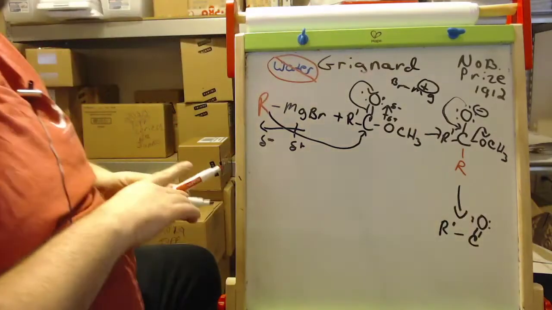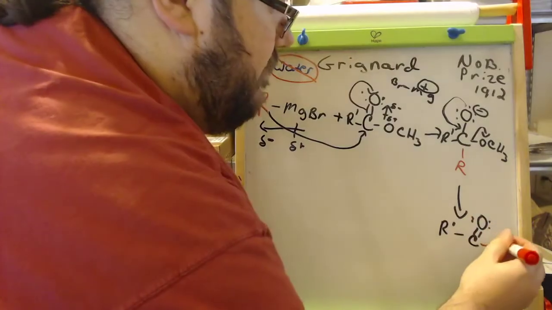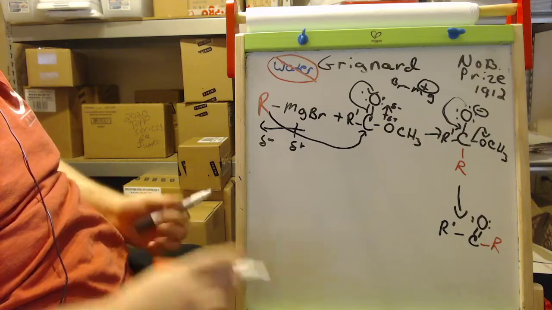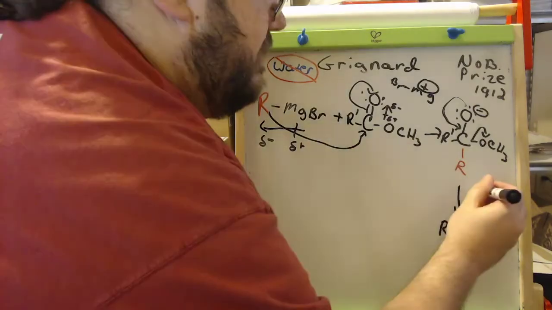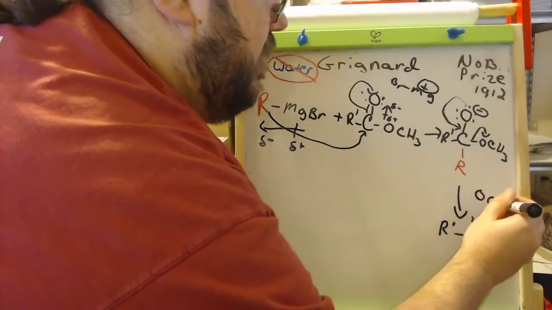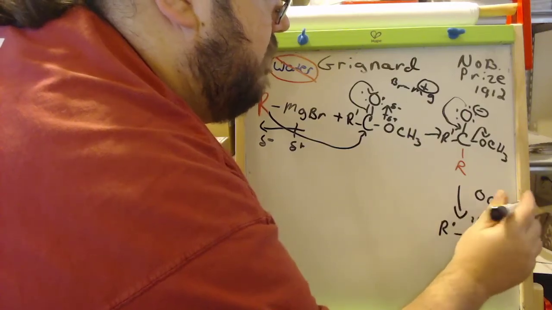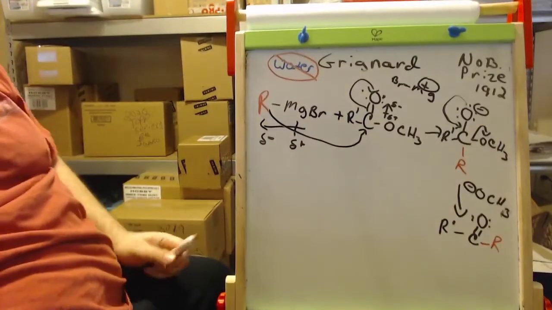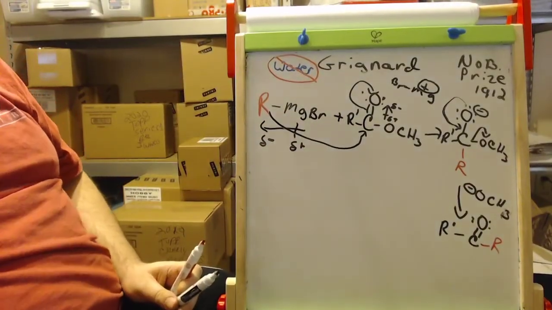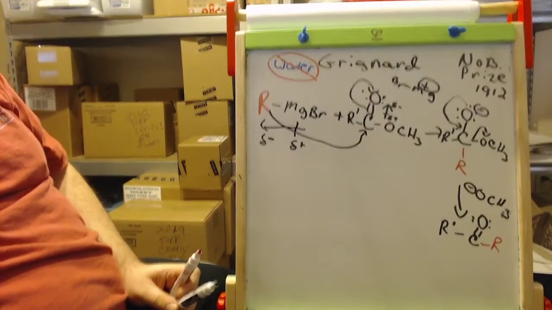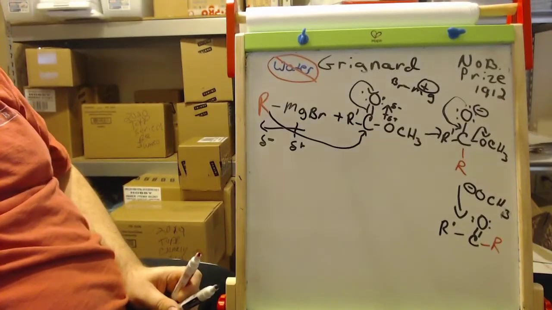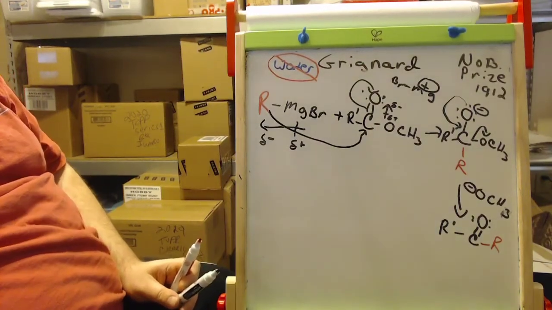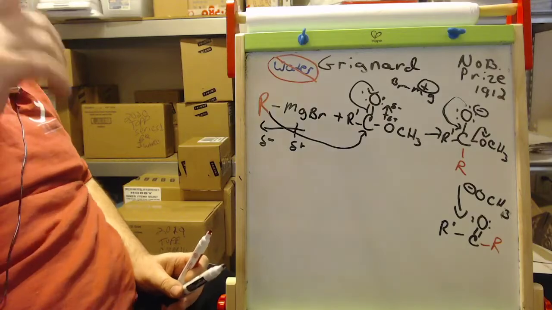The OCH3 is kicked off, and I'm bonded to the original carbon from over here. I've created a ketone. The OCH3 is sitting off here as a minus charge, stabilizing that magnesium bromide cation complex. And we create a ketone.